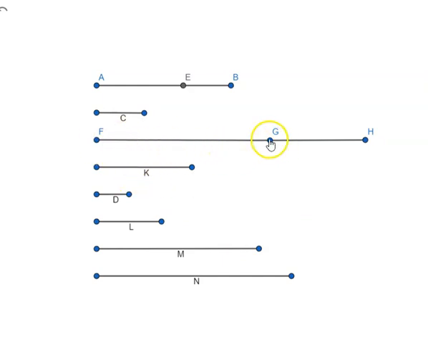And now we will look at FG being between M and N. So if we follow the same reasoning, we will reach a conclusion that FH is greater than N and K is less than N.